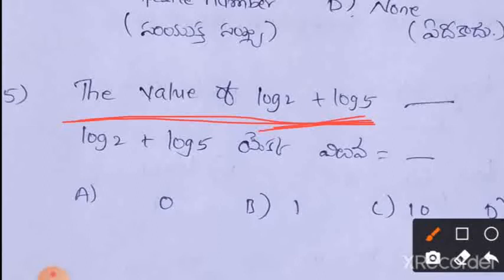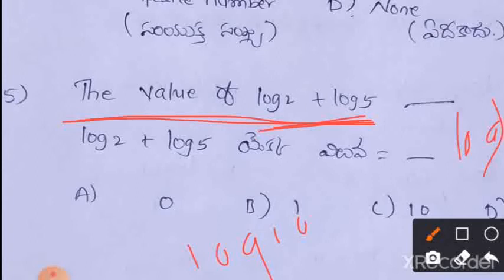In our previous sum, the third sum I think, the log 15 sum, we wrote 15 as 3 into 5. In the same way here, log 2 plus log 5, we will get log of 2 into 5. So we will get log 10.